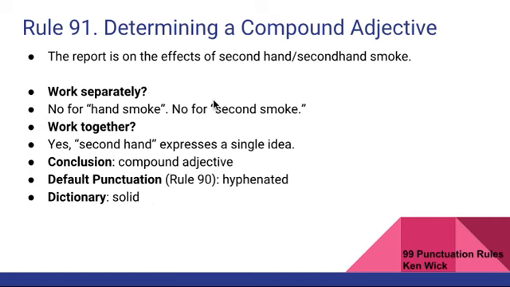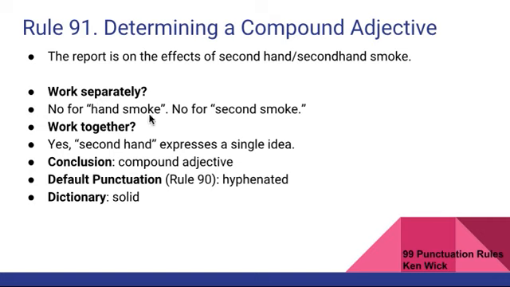So hopefully you grasp the idea of this. If you go back to the original rule, a compound adjective is words that work together as a unit to modify the noun. If they work as a unit, that means they're working together. So if you're wondering why I am looking at the words separately, it's because the question is, do they modify the noun separately?